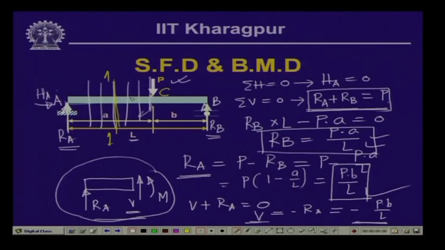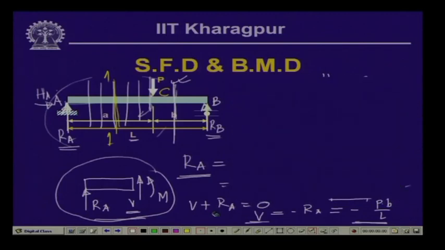Now, if we would like to find out the shear force just after this particular load, that means, if we take a section somewhere here and cut the beam and take the free body of the left part, then what do we get? Now, let us calculate that. Let us take the free body of this particular part.